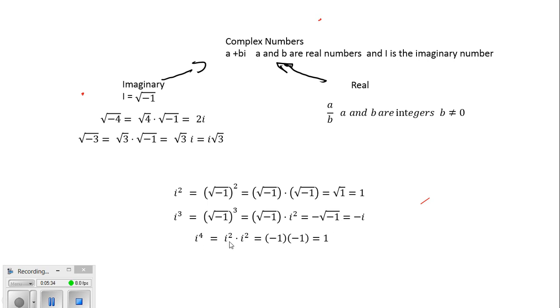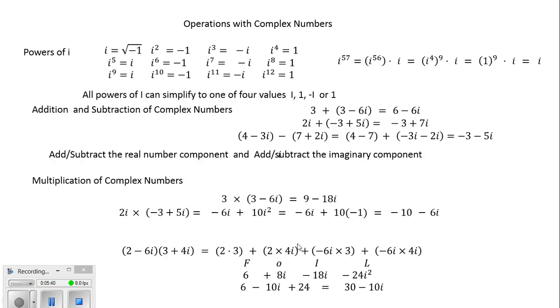i to the fourth is i squared times i squared, negative 1 times negative 1, which is 1. So basically, any power of i can be reduced to one of four things: i, -1, negative i, or 1. So i to the fifth, following the trend, is i. Because why?